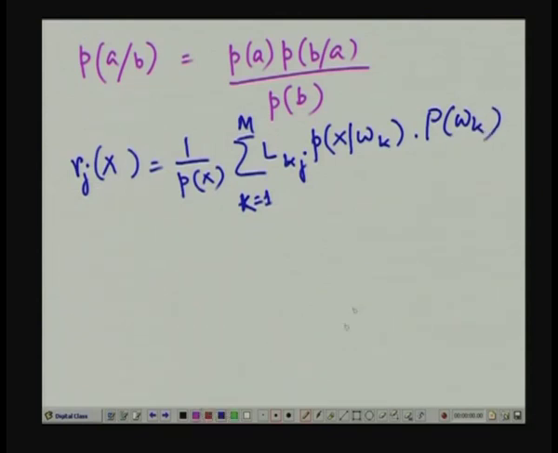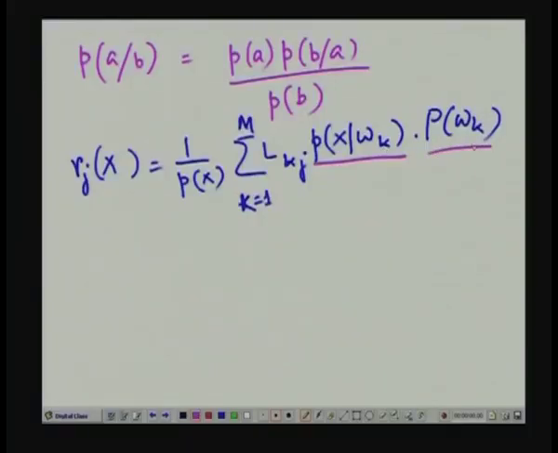Now, what is this p(x | omega k)? P(x | omega k) is nothing but the probability density function of the feature vectors belonging to class omega k. And capital P(omega k) is the probability of occurrence of class omega k.